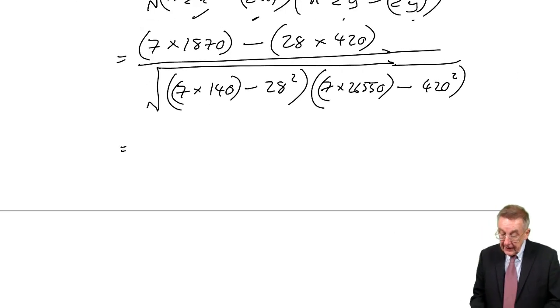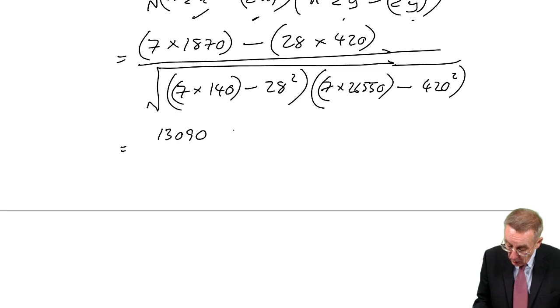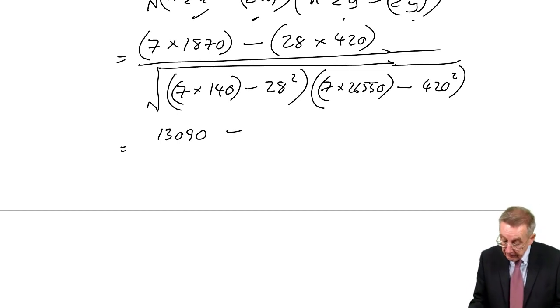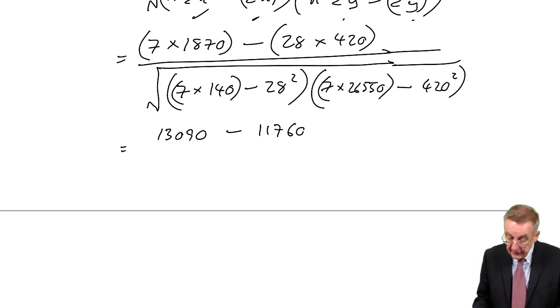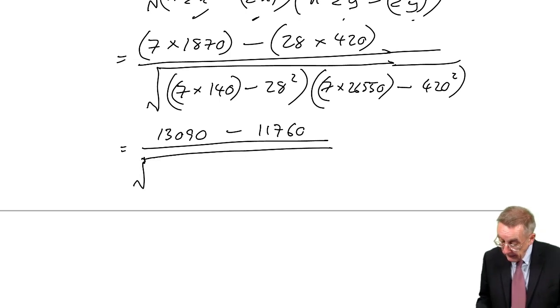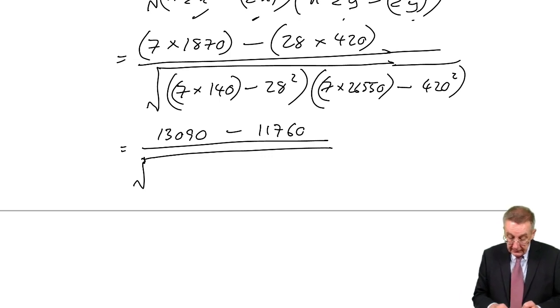I hope you're checking me, but let's have a go. 7 times 1870 is 13,090, minus 28 times 420, 11,760, divided by the square root of 7 times 140, which is 980, minus 28 squared.